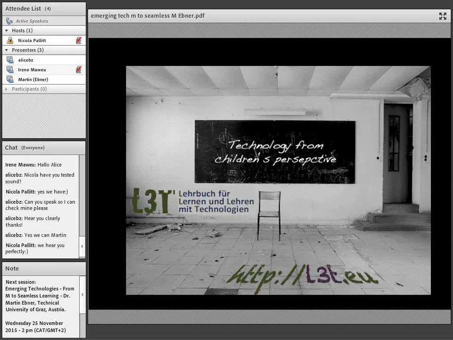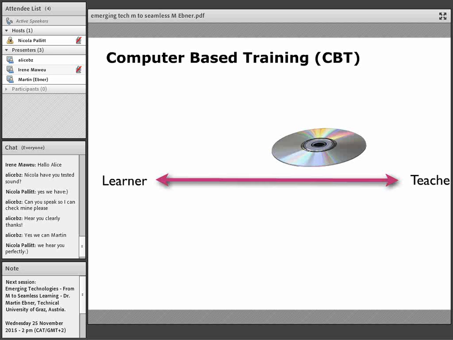If you watch the movie later on, you can see that for children, everything that happened before 2000 is not in their minds, and they are just thinking of technologies that are currently on the move. That means iPads, iPhones, smartphones, or whatever, and the technologies we used in classrooms before 2000 are just a kind of museum. This movie shows very clearly what is currently happening and what the big change is.